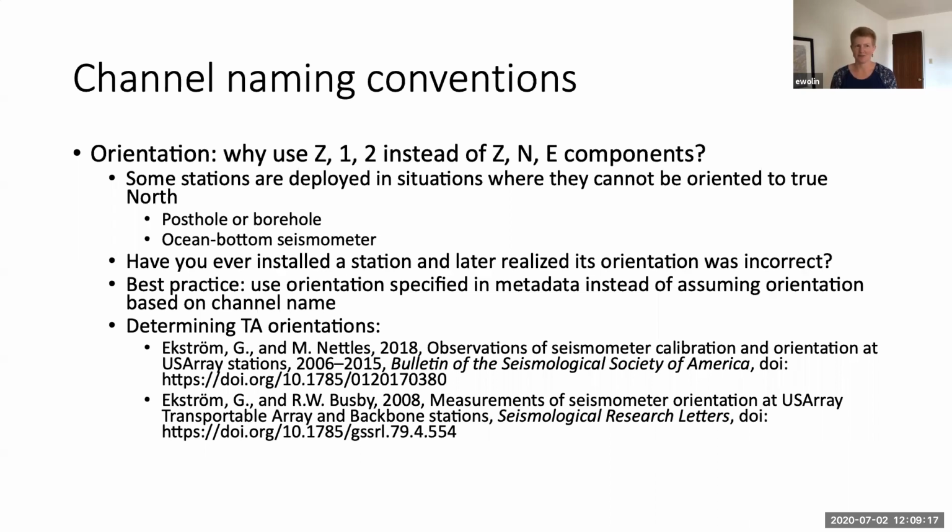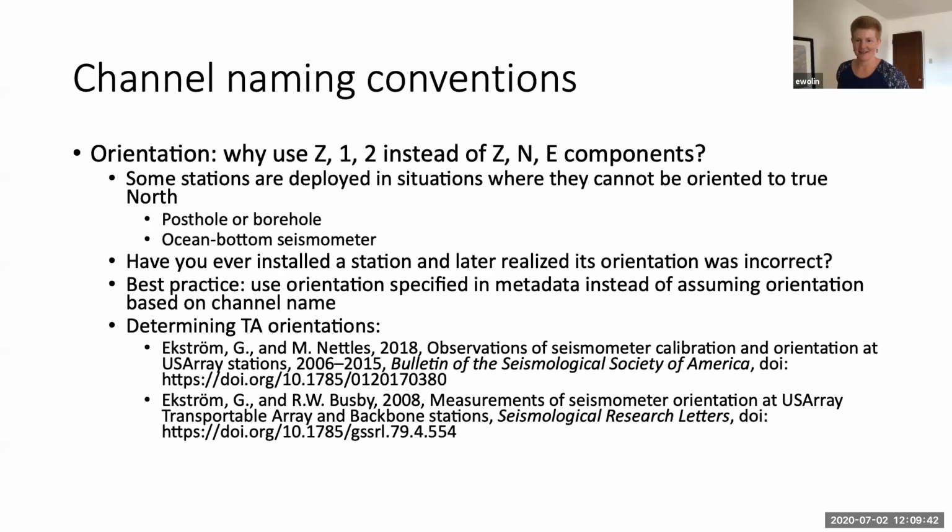I've seen some very funky things configured in metadata before. So I would say generally yes. I mean, if Z is up and you point the one component north, then 2 should be pointing east. But that's not always the case. Thank you.